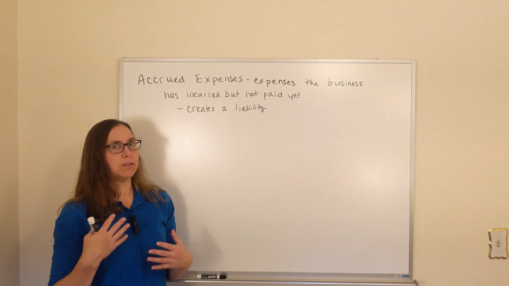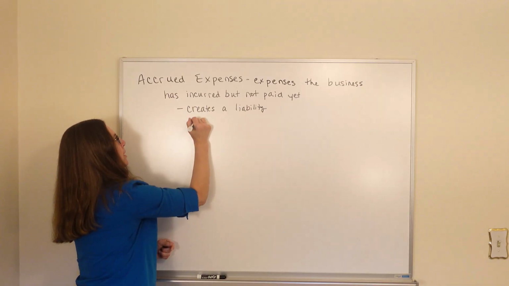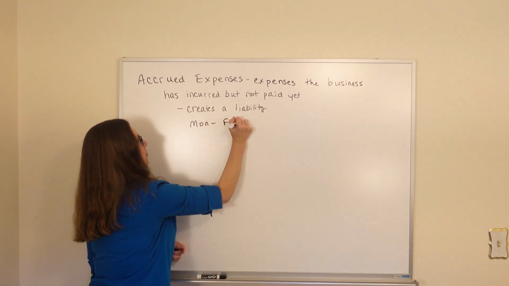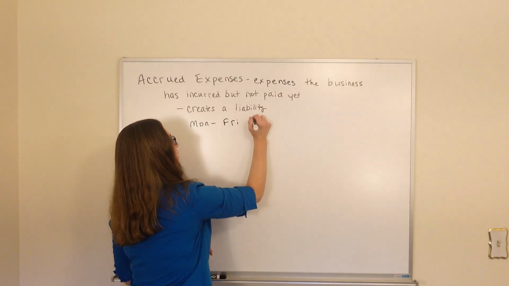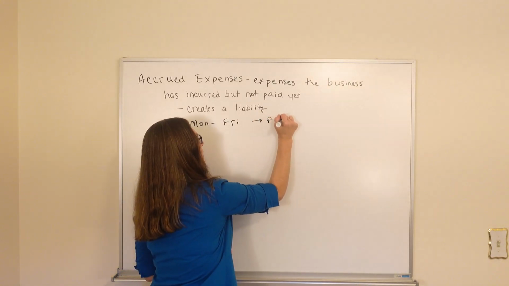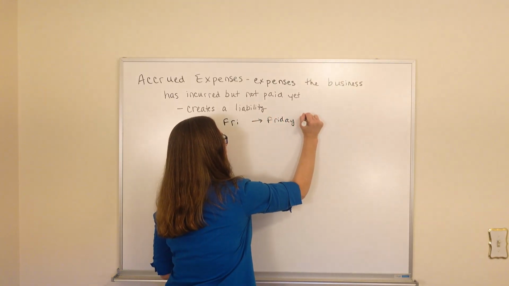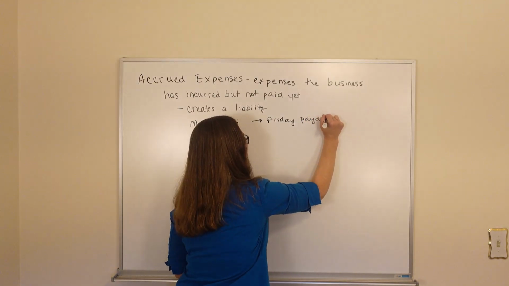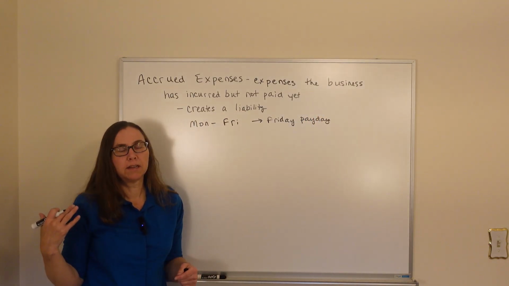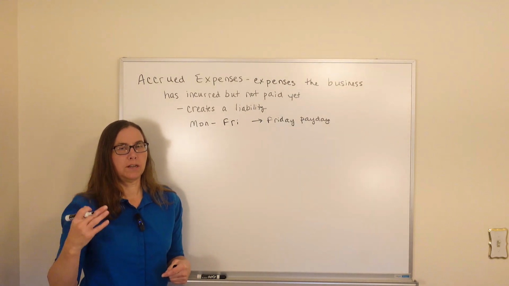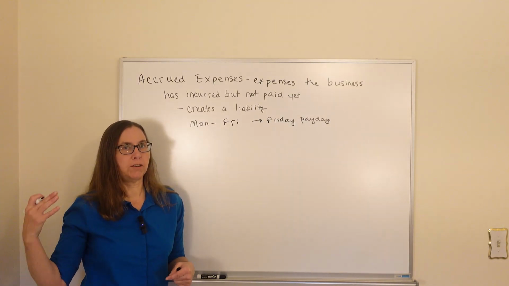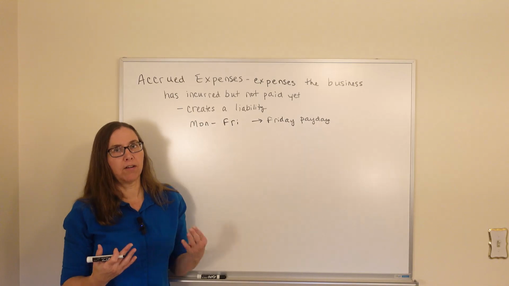So for example, let's say you have a company and their employees work Monday through Friday and they get paid on Friday. And the company would normally record any expenses, any tax withholdings, and any payments out of checking or cash on that day, on payday.